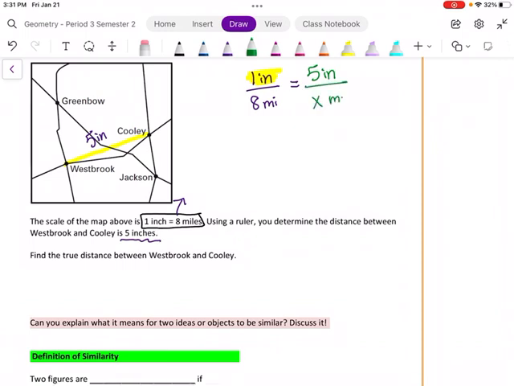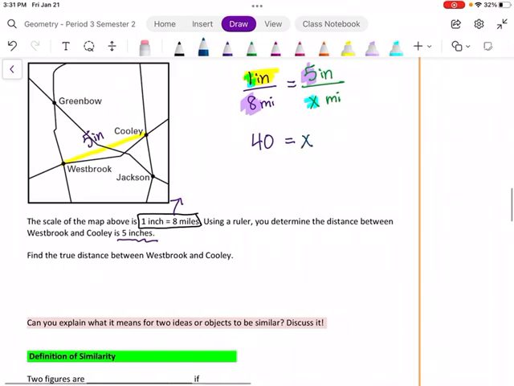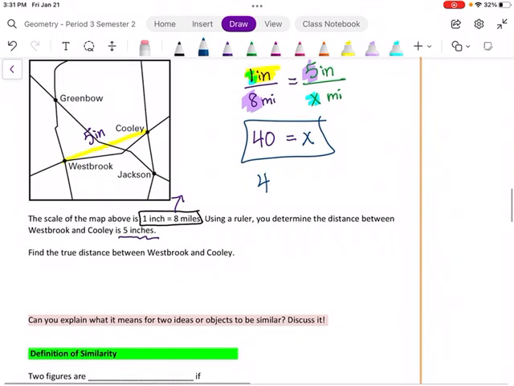So we're looking for the value of x. So we're going to go ahead and cross multiply and take 8 times 5, which will give us 40, and set that equal to 1 times x, which is x. So the distance is going to be 40 miles from Westbrook to Cooley.